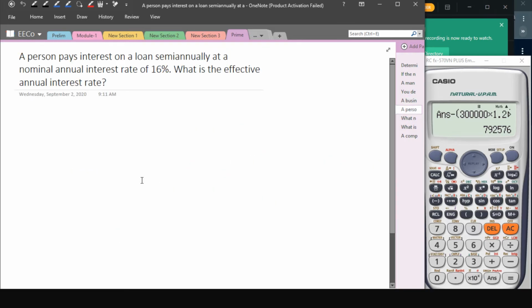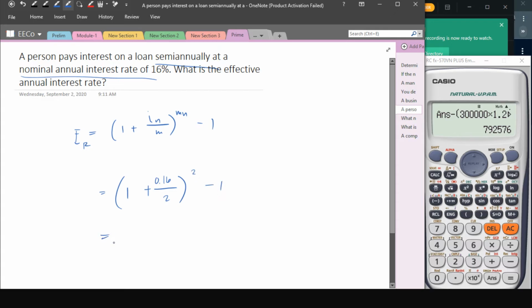Next one. A person pays interest on a loan semi-annually, so twice in a year, at a nominal annual interest rate of 16%. What is the effective annual interest rate? Okay. Effective annual interest rate. Effective rate is equal to (1 plus i_n over n) raised to mn, minus 1. So, 1 plus 16% divided by semi-annual, twice payment every year, and then in 1 year, so 2, minus 1.